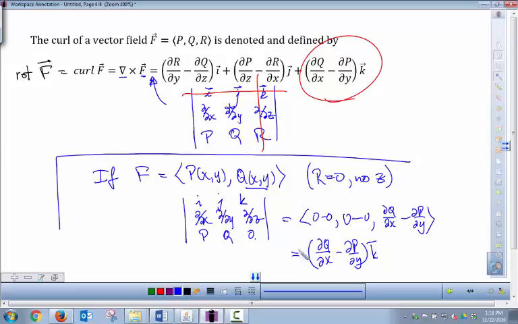So if we think about this happening in 2 dimensions, this is a special case. Happening in 2 dimensions, what you have is a measure of rotation. So imagine you're measuring how things rotate in a region D, right?